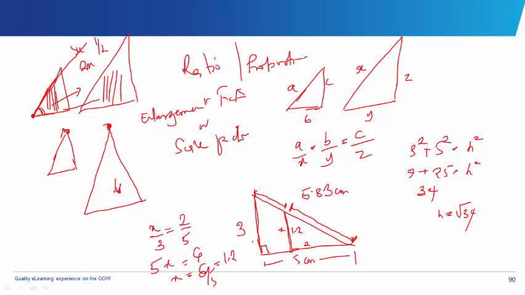Having found x to be 1.2, we can now use our Pythagoras theorem to find this other side. Let's call this side y. We can do 2 squared plus 1.2 squared, which should give us 4 plus 1.44, so I'll have 5.44. We'll now find the square root to give us y.